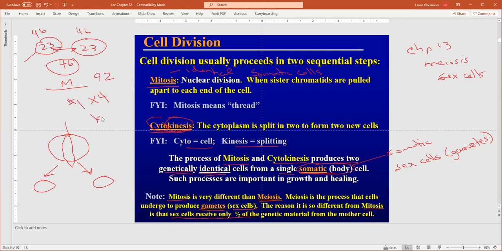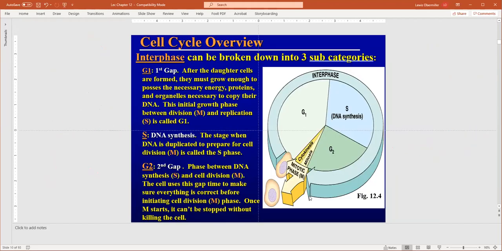And that would kill you. Because having 3 number 21 chromosomes gives you Down syndrome. So having 4 number 1 chromosomes, or any chromosome, you would never be born. You'd be a miscarriage. So it's super important that you get half the genetic information through meiosis, and that we get identical genetic information through mitosis. Any questions about that?